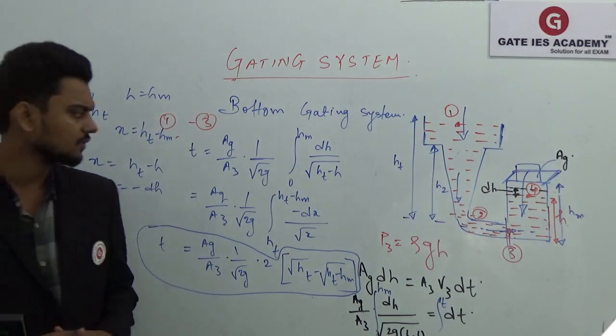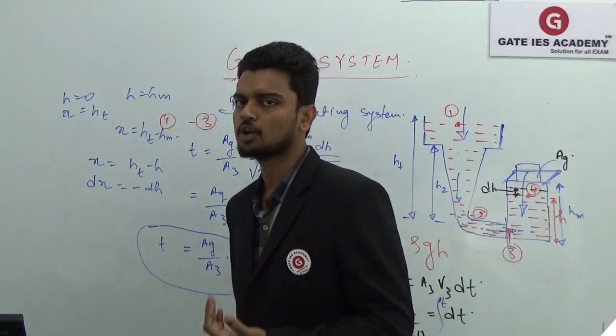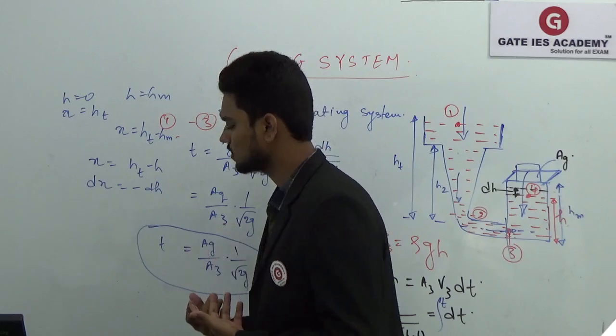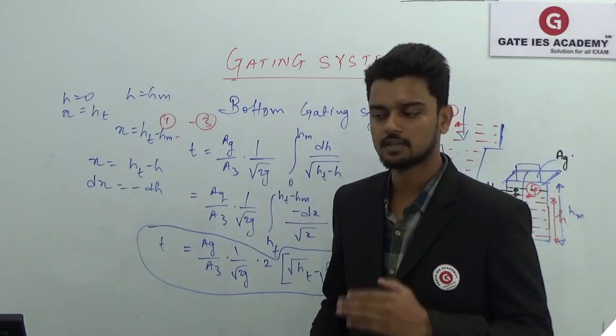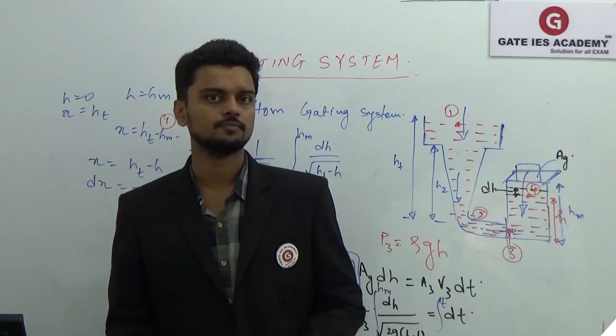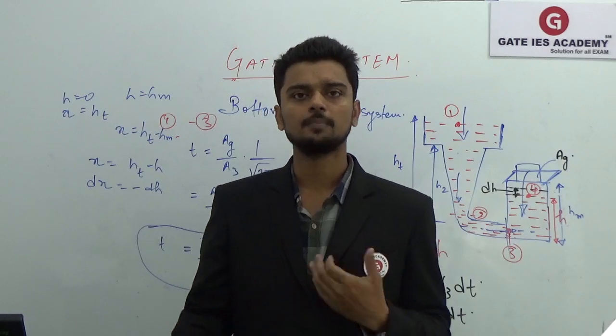So in this way you can find out the pouring time in the bottom gating system, in the top gating system, and the velocity at the different sections in the sprue. So this is very, very important, because gating is actually completely numerical.